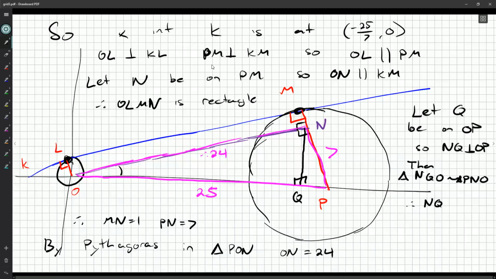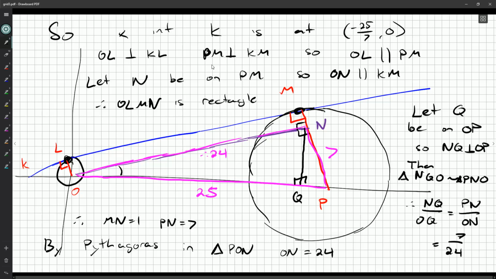So NQ over OQ has the same ratio as PN over ON, and that's 25 over 7? No, it's 7 over 24. Yeah, the non-hypotenuse sides.